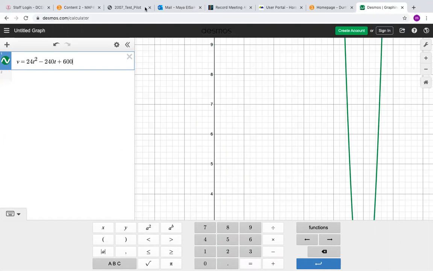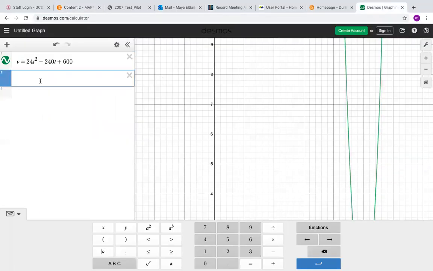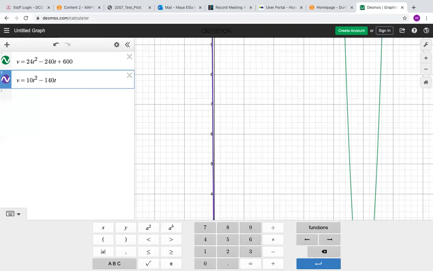And the second equation was 10t squared minus 140t plus 490. Or you can do shift and the hat, and then that will give you the square. So 10t squared minus 140t, I think plus 490, but we'll check that.